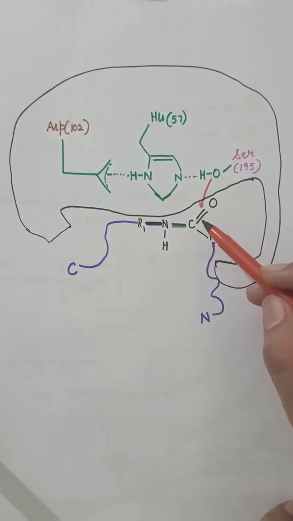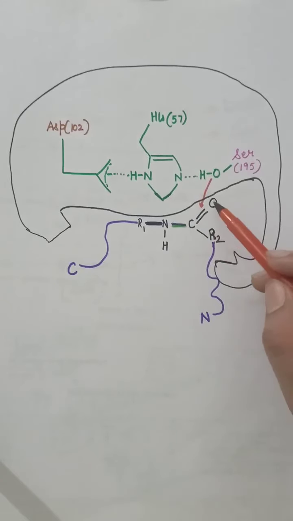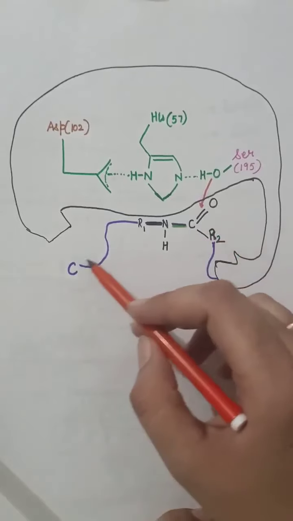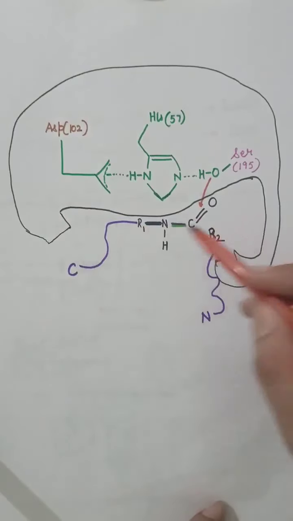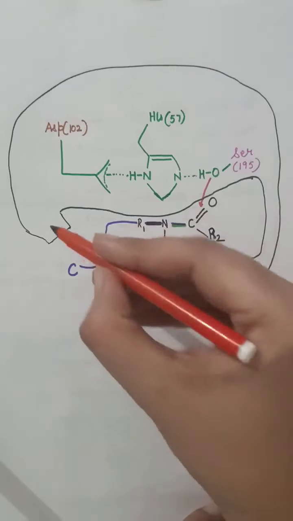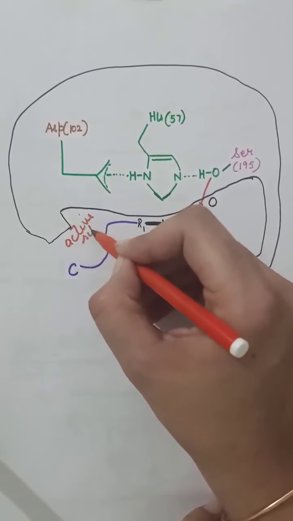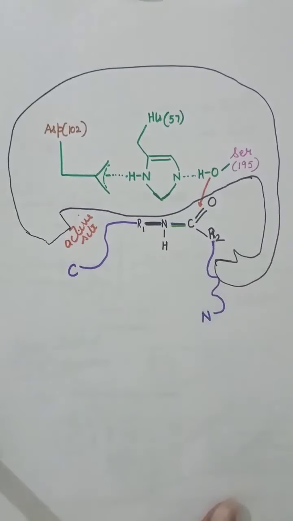Now after loosening, a water molecule can easily hydrolyze this particular bond of the substrate. This is the active site of chymotrypsin where this substrate is present.